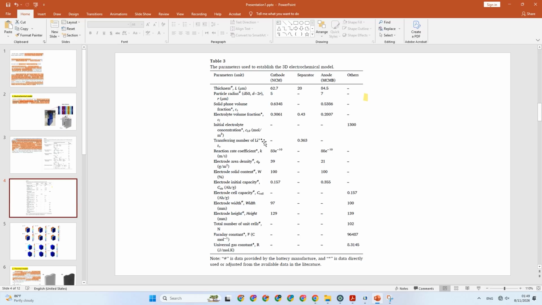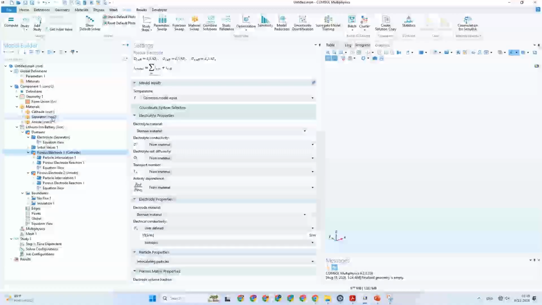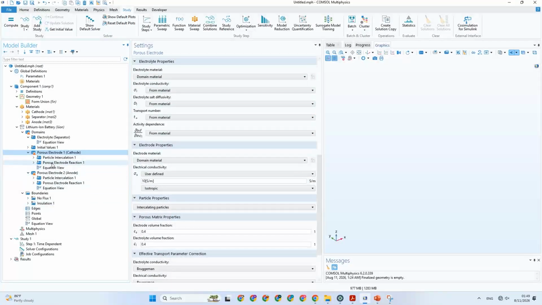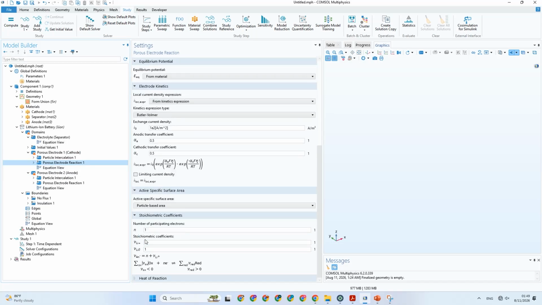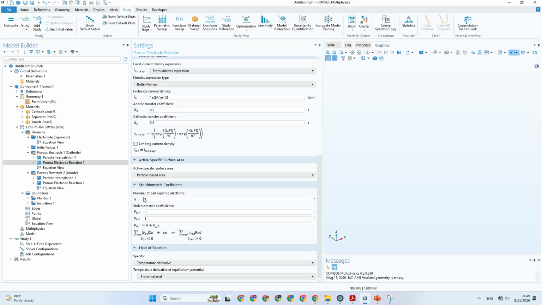Maybe it will be disabled. Sometimes when we add material, it will be disabled. Yeah, maybe it is calculated by the equations, because we have porous electrode reaction and a stoichiometric coefficient, and it will be defined by this stoichiometric coefficient.